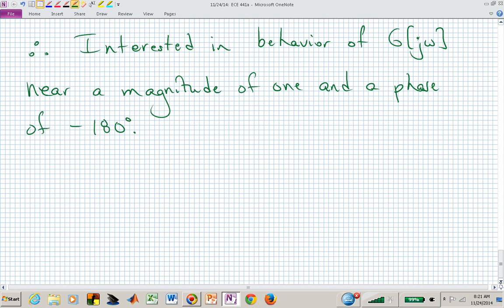And that's actually these 2 points. We're now looking at where in frequency is our magnitude of G close to 1, and where in frequency is our phase of G of j omega close to minus 180. That now gives us an indication of how close to being stable we are, or those are now called our stability margins.